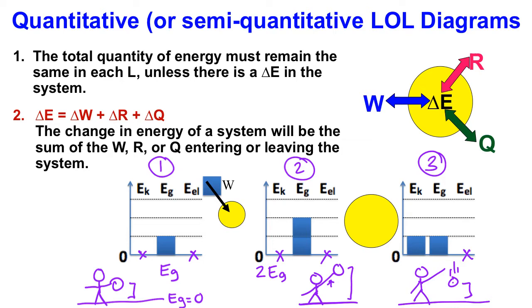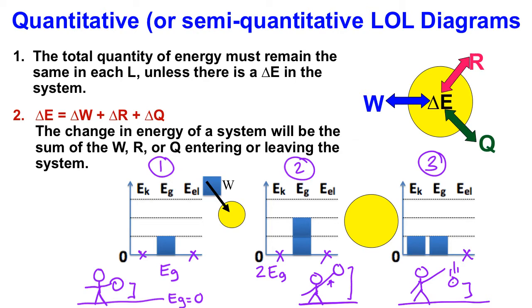If I have more energy in moment 2 than I had in moment 1, then where did that energy come from? Well, it came from the person lifting up, applying a force to the ball. And so the person did work, and we'll define work and all that stuff later, but the person put the energy into the system by raising the ball up higher.